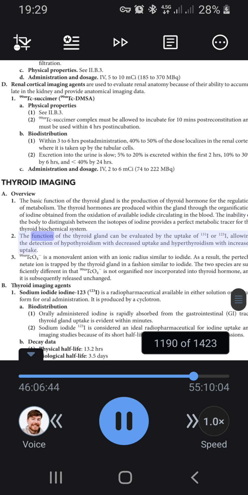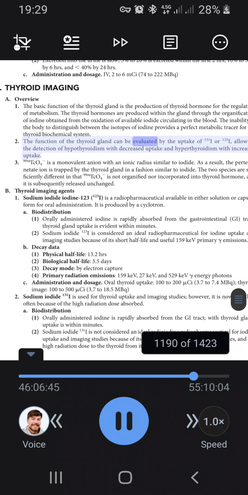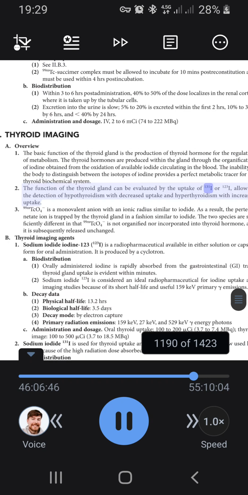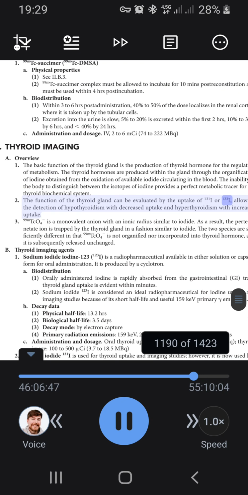2. The function of the thyroid gland can be evaluated by the uptake of 131I or 123I, allowing the detection of hypothyroidism with decreased uptake and hyperthyroidism with increased uptake. 3. 99mTcO4 is a monovalent anion with an ionic radius similar to iodide.